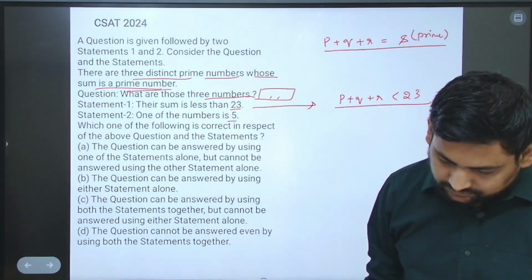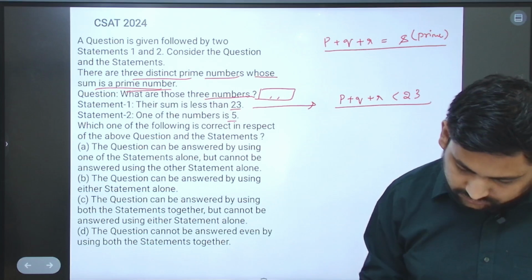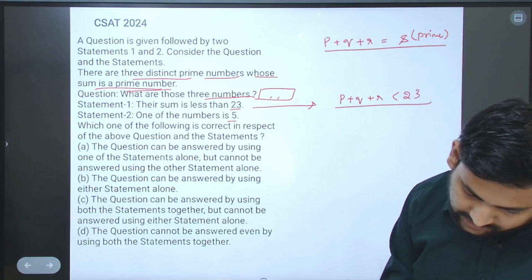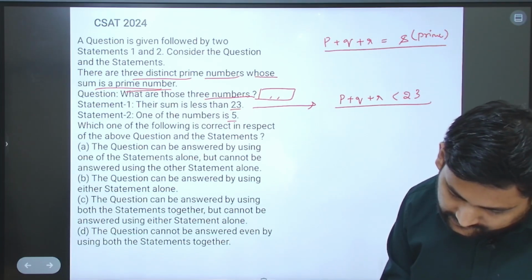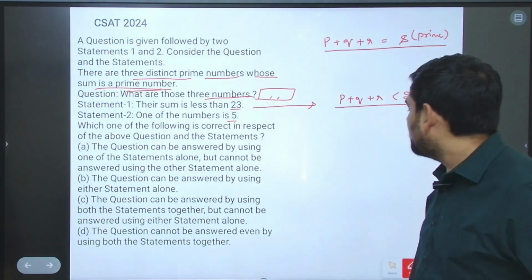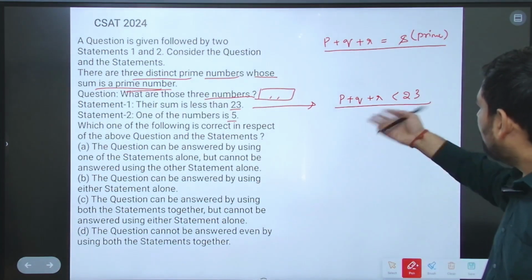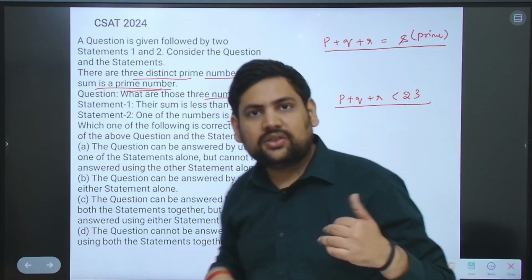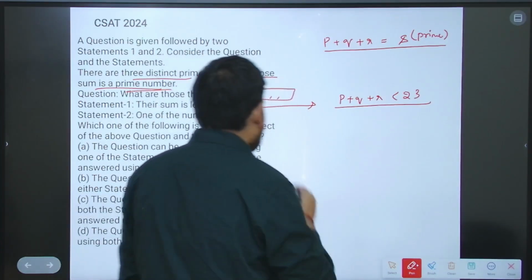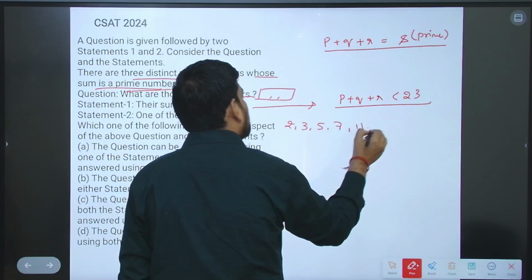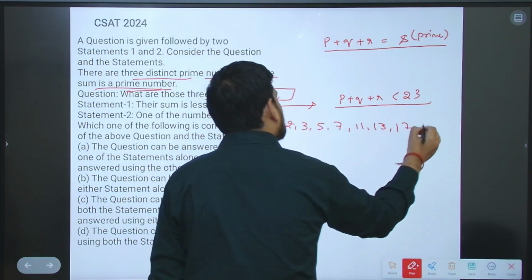The first thing that you need to understand is that this sum has to be less than 23 as well as a prime. Now what are the possibilities? First let's write down prime numbers less than 23: 2, 3, 5, 7, 11, 13, 17, 19.